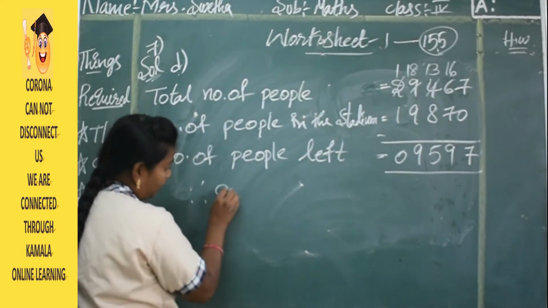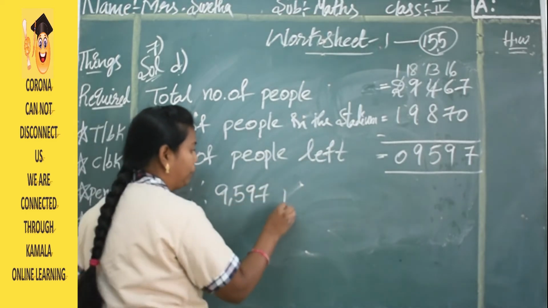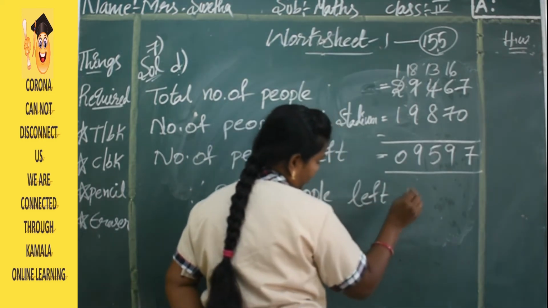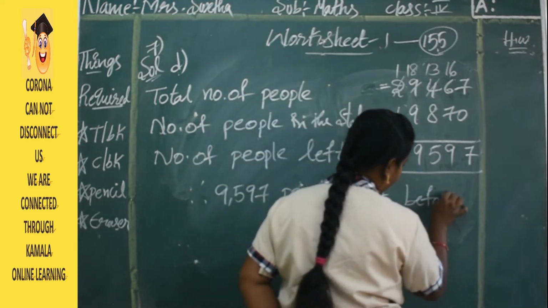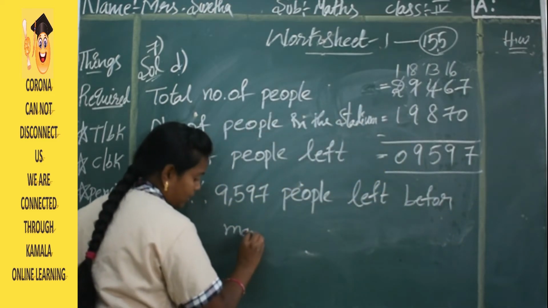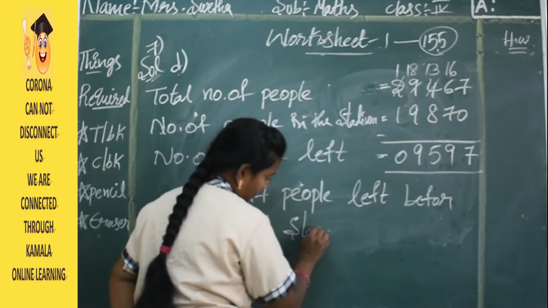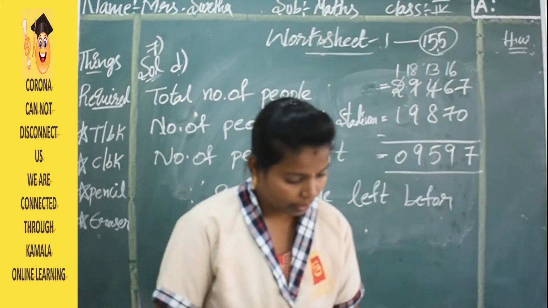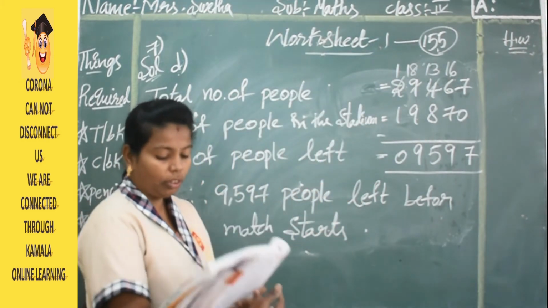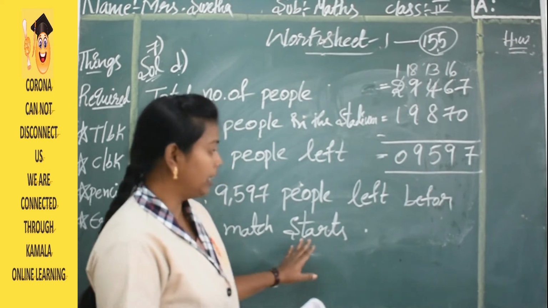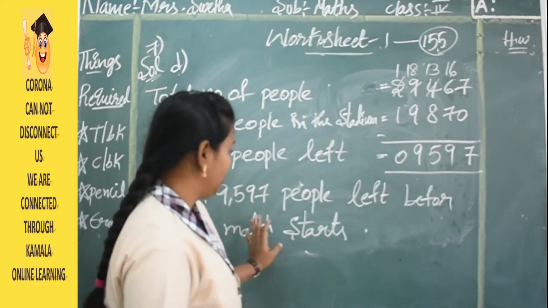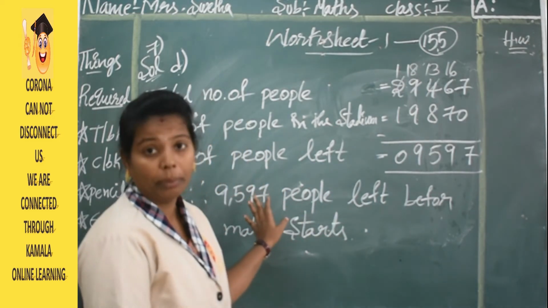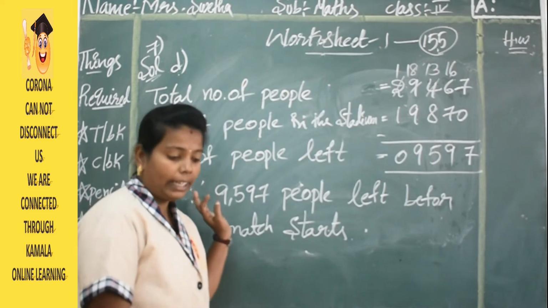Therefore 9,597 people left before the match finished. So before the match finished, these people went. Yes, so 9,597. This is about your 7th bit. Now let us see your 8th bit.